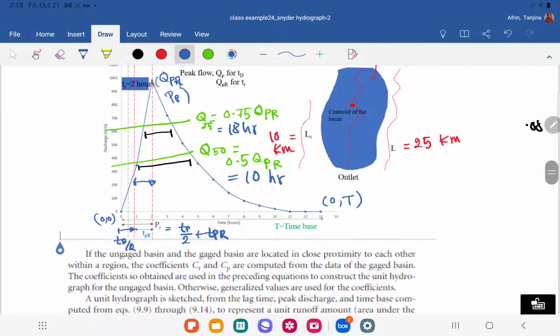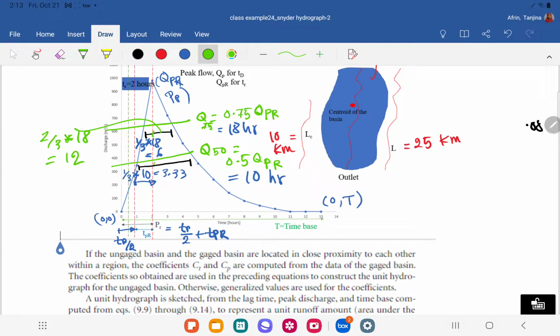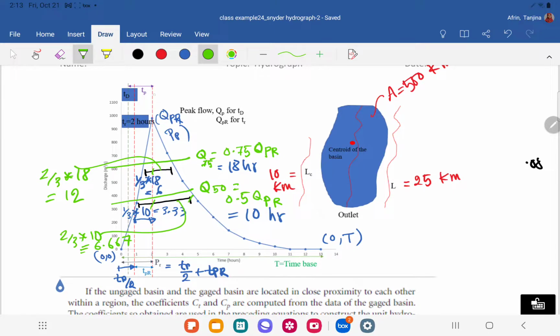Okay, so that means this part will get 1/3 of 18, which is 6, this part will get 1/3 of 10, which is 3.33, and this part will get 2/3 of 18, which is 12, and this part will get 2/3 of 10, which is 6.667.